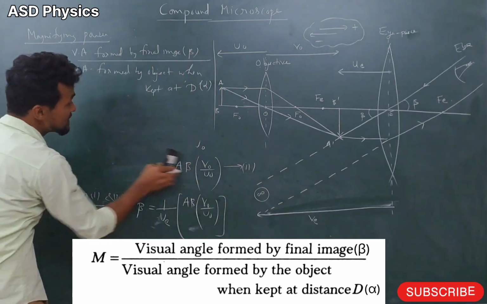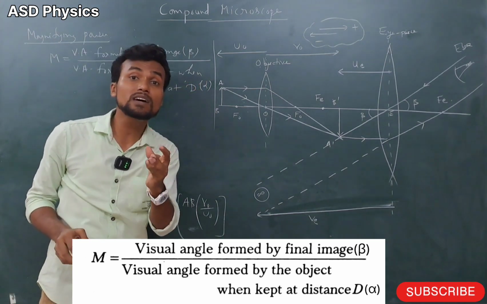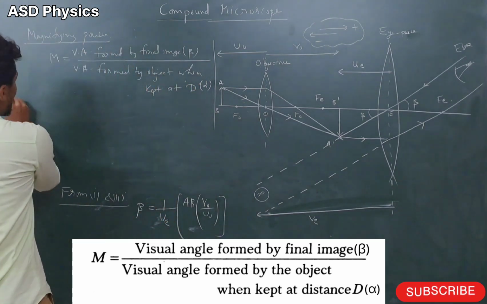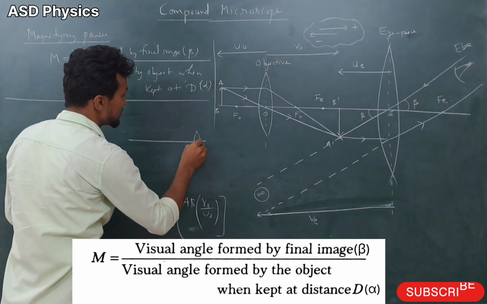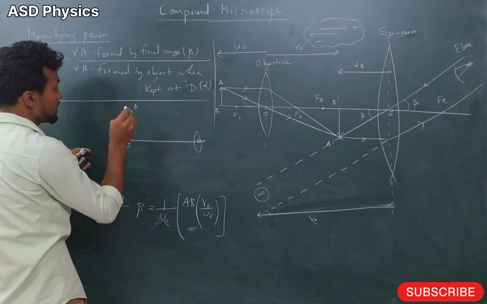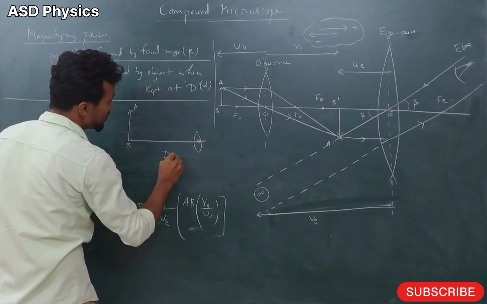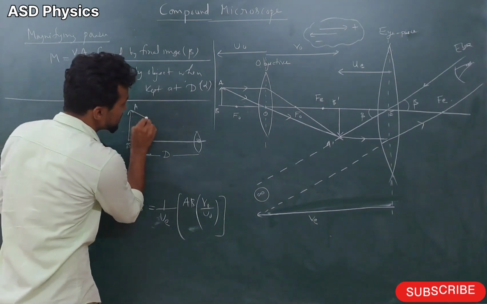So my dear students, alpha is the visual angle formed by the object when kept at capital D. See here please, this is the human eye, and the object AB is here. I have kept it at distance D here. So the ray will go and enter the eye.